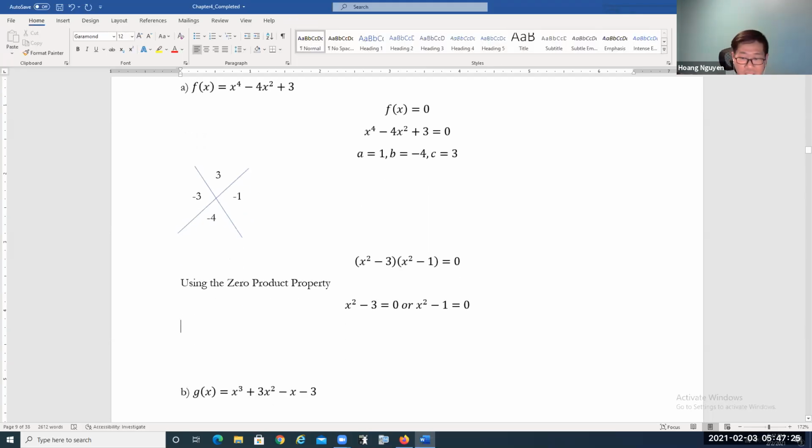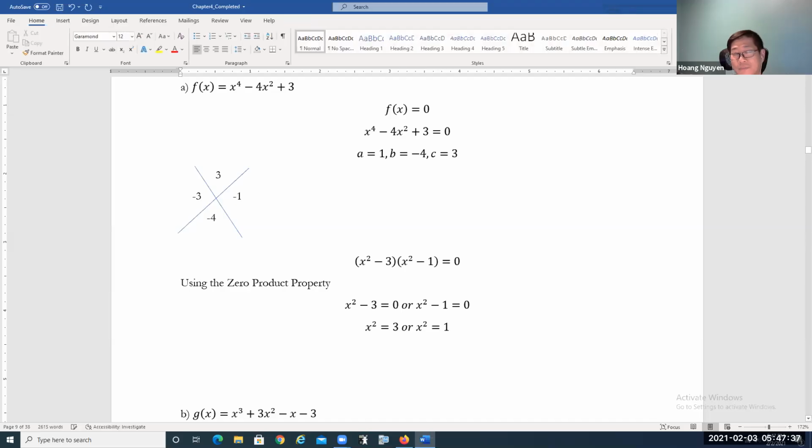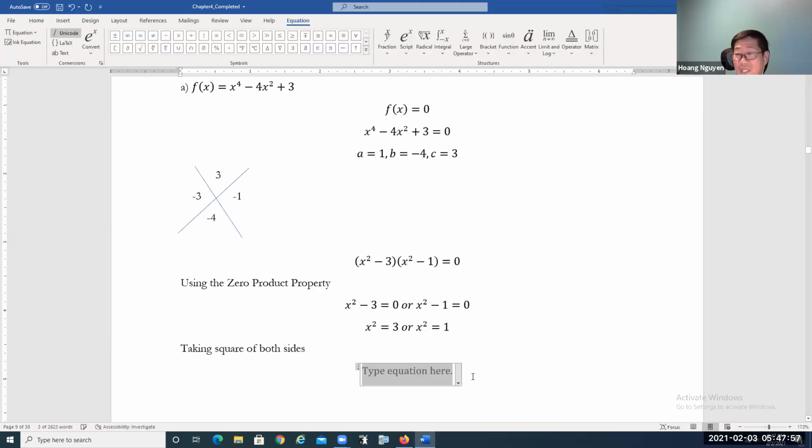Now let's solve these equations, everyone. x squared minus 3 is equal to 0, so x squared is equal to 3, or x squared is equal to 1. Now we need to find the solution for x. We're going to use the square root property, or the principle of square roots, taking the square root of both sides.